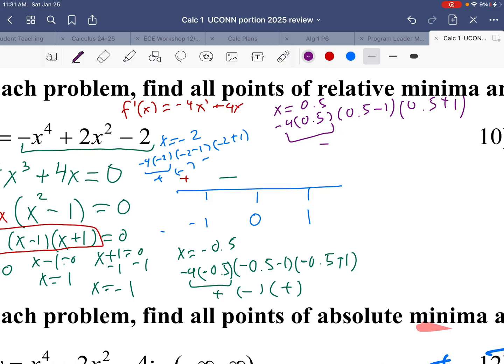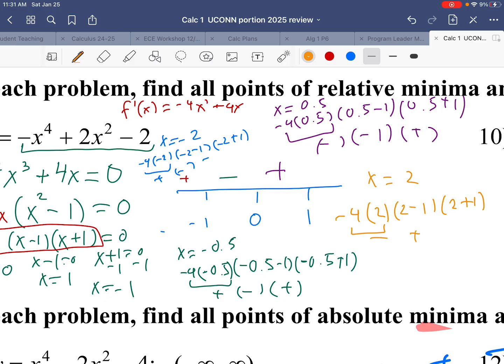These two are a negative times another negative times a positive. So this is going to be positive here. And for the last one, I'll use x equals 2: -4 times 2, 2 minus 1, and 2 plus 1. This is a negative, and these are a positive and a positive. So here it's a negative.